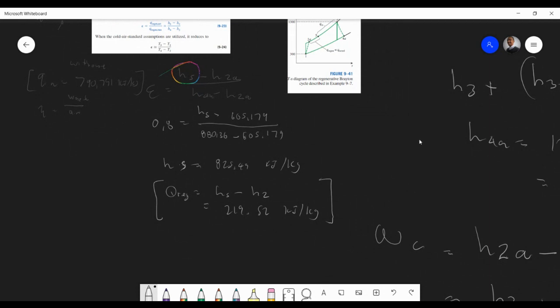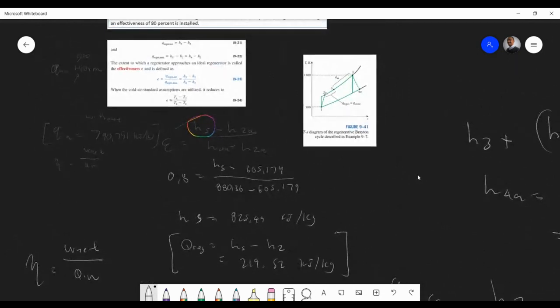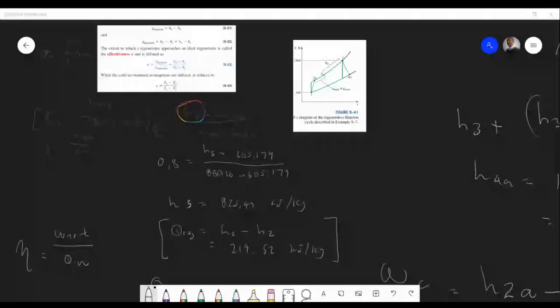But now I'm going to show you something quickly. Before we compute our thermal efficiency, which is where we're going, we've got to find a new Q in, right? The new Q in is simply going to be H3 minus H5, and I'll show you exactly where it comes from.